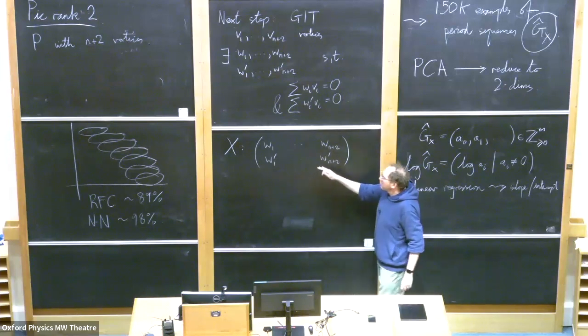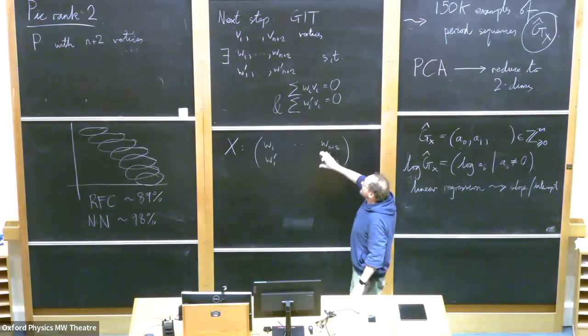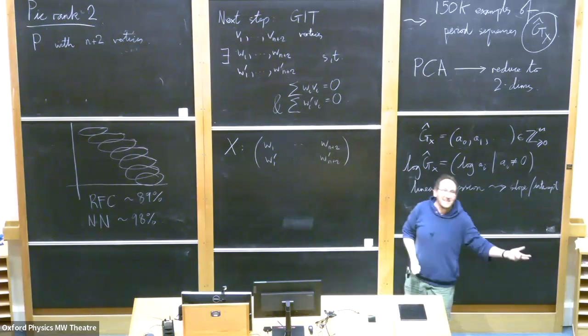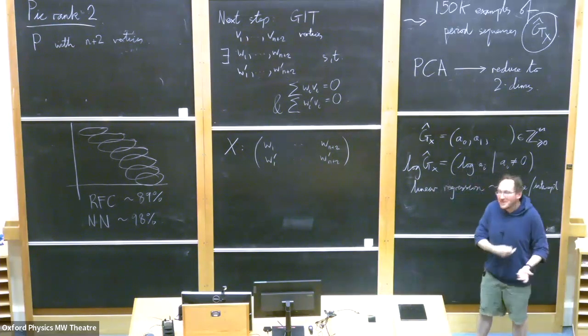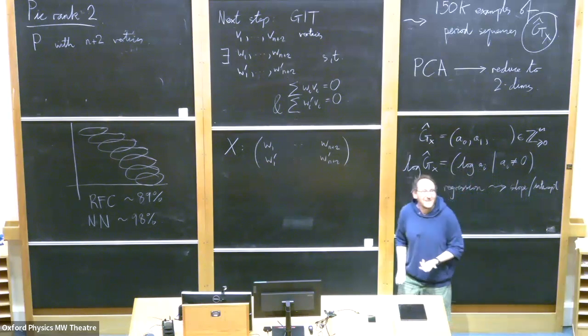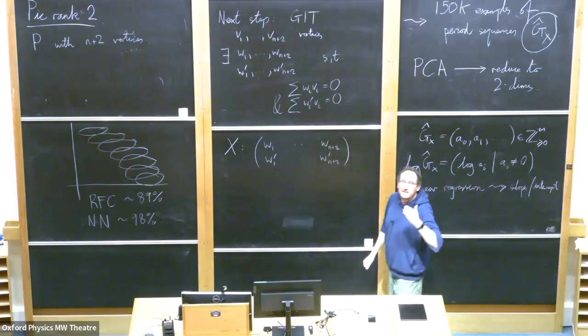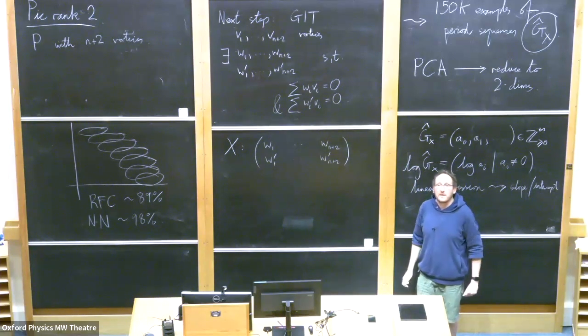If you ask any toric geometer, they'll say, well, it's not so bad. You take this weight matrix and reverse the process, you recover the polytope, and then you do a point search of the polytope. Completely the wrong answer. We don't want that. Instead, feed this into a neural network.